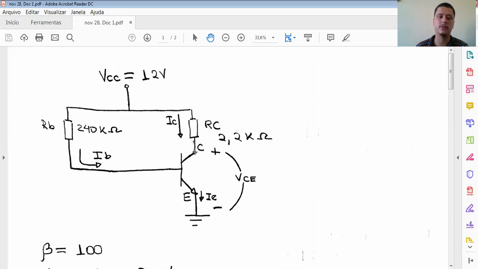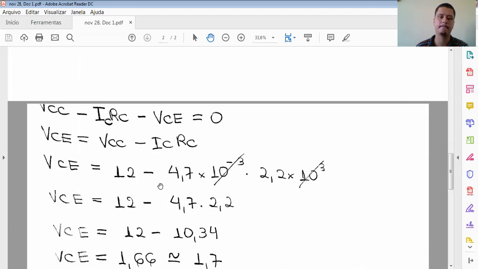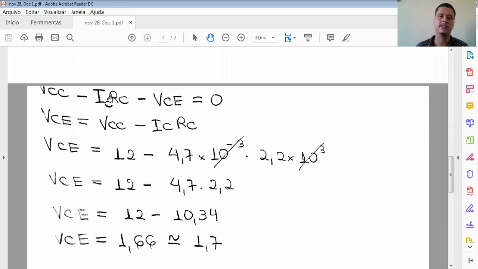We have another drop of voltage of VCE, which is exactly what we're trying to find. And then we have the final equation, which will be VCC minus RC times IC minus VCE equals 0. VCC minus ICRC minus VCE equals 0.